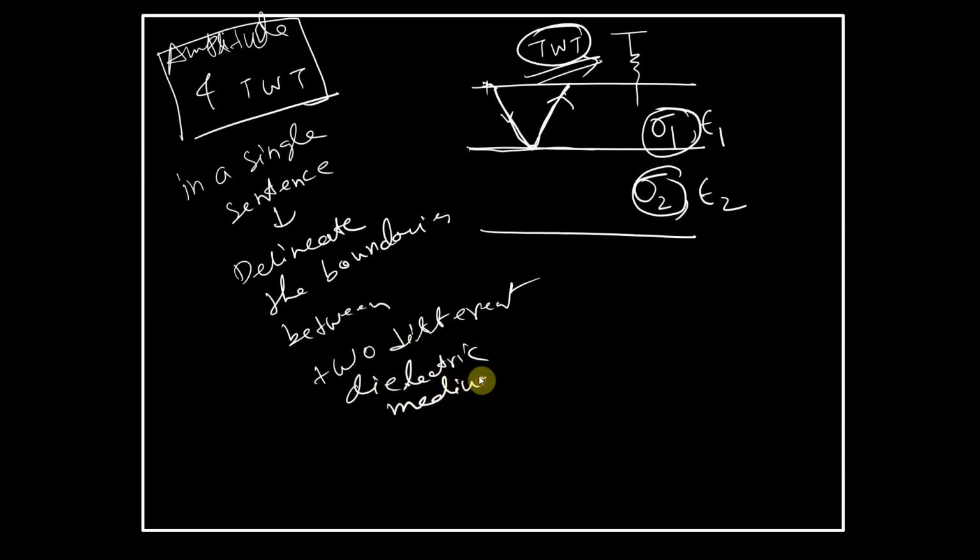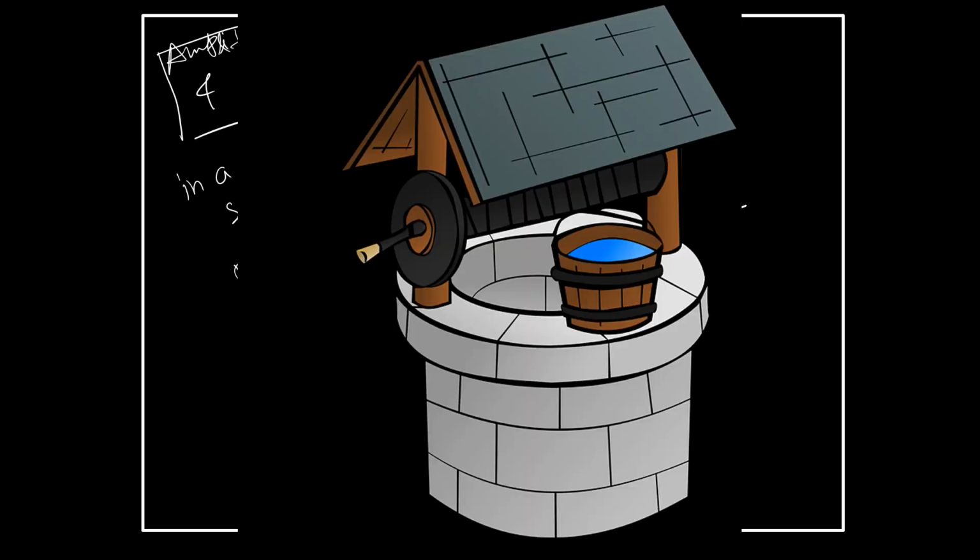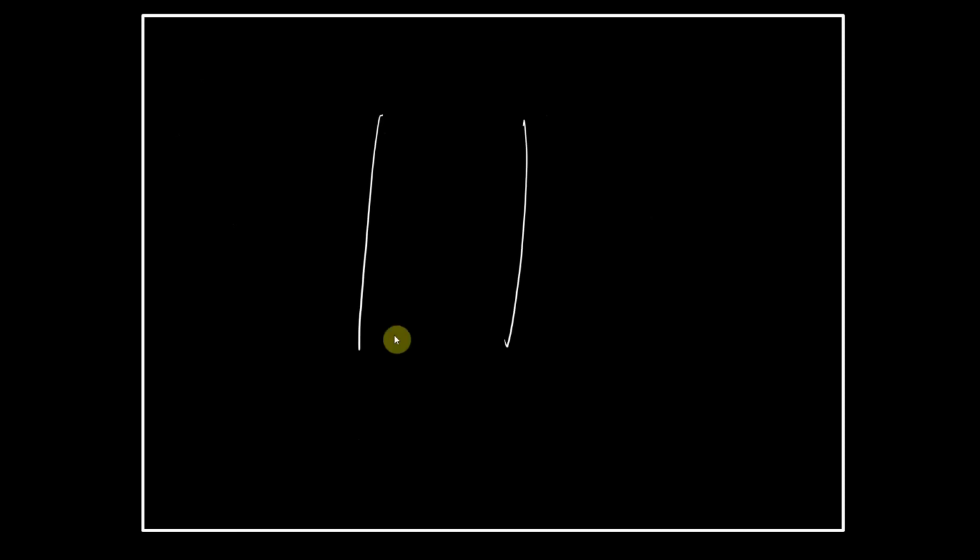Okay, by using electromagnetic waves. Let me give you an idea about how these things work. In our childhood, we did this sort of experiment: suppose there is a well and you don't know the location of the water.